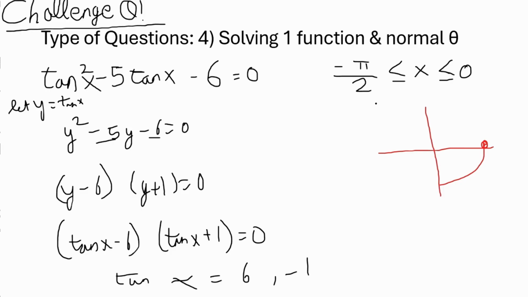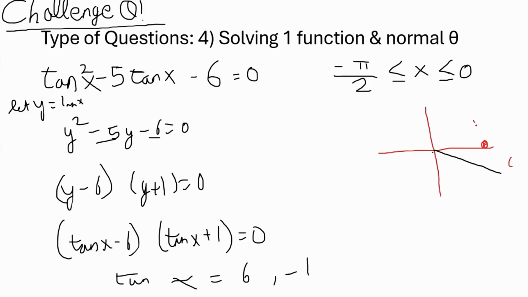Okay, now after you figured that out, look at your interval. It's between 0 and negative pi over 2. Okay, so if you were to draw your line, imagine your line, it's something like that. If you do your CAST rule, because one of our answers is positive, one is negative, right?